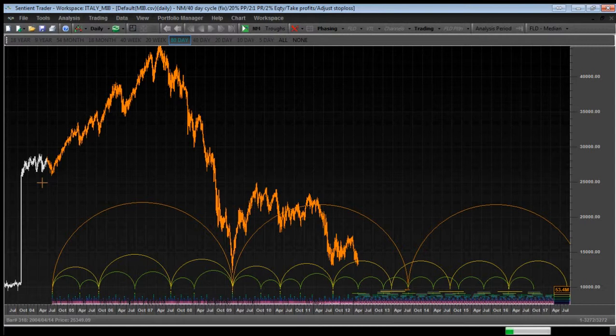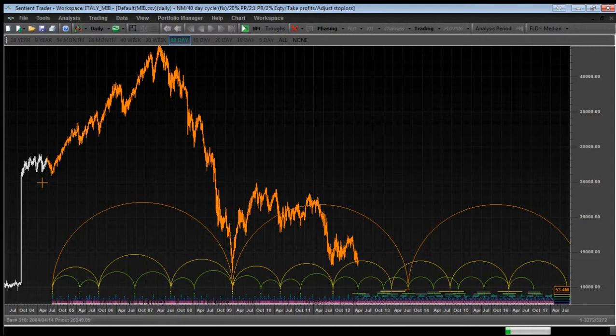This data I downloaded from Yahoo Finance, as a matter of interest, freely available data, and so I excluded that aberration from the analysis.